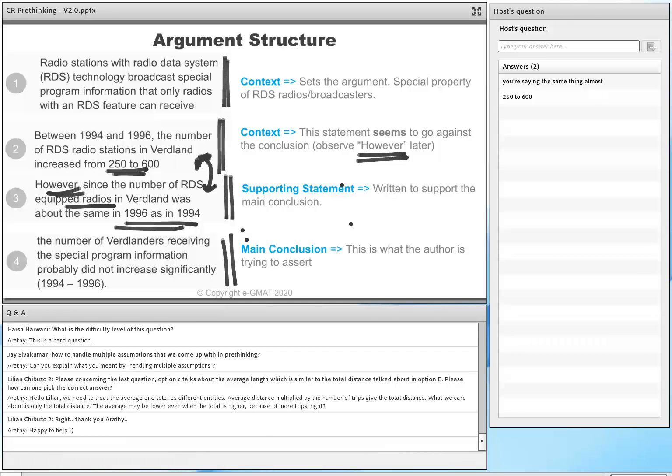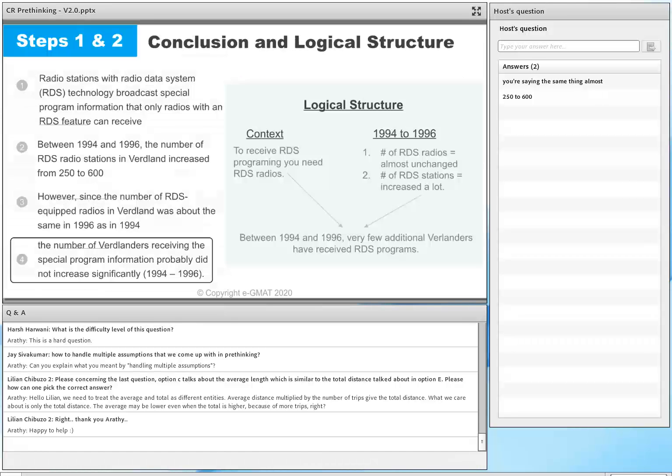Now, what does statement one say? It adds context. It really says that, hey, if you need the special program information, you need both. You need a radio which you should have in your house or wherever you're listening, that is an RDS radio, and then you need the transmitting station to also be an RDS transmitting station.